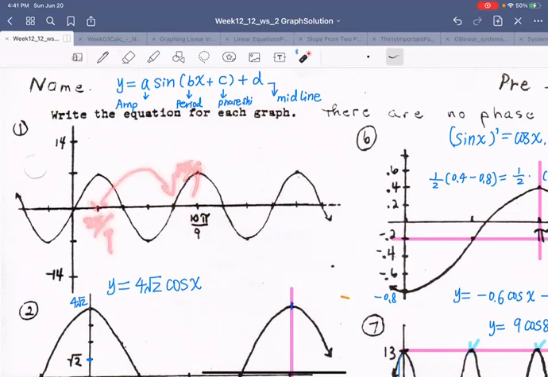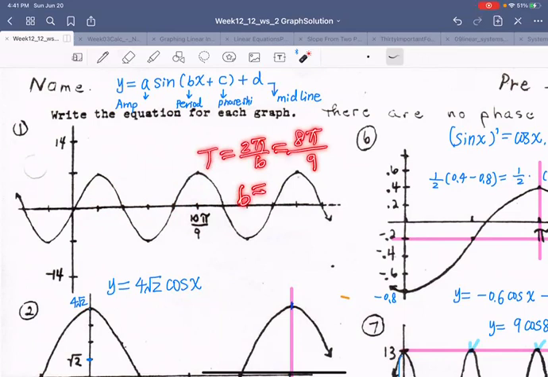Yes. Then B equals 9 over 4, so you plug 9 over 4 in for B in that equation. Okay, thank you.